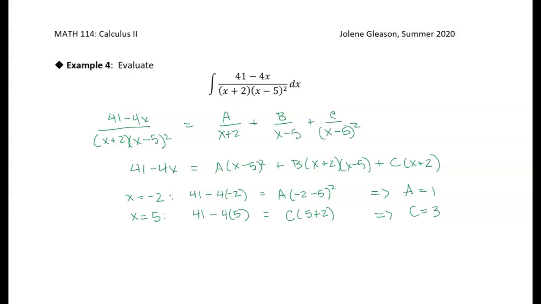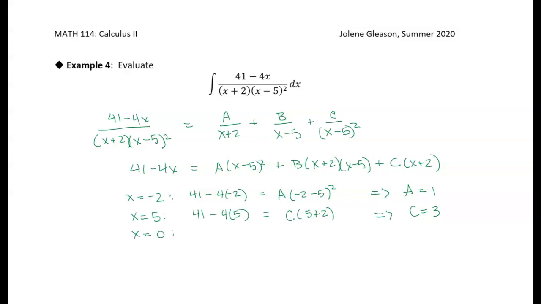Now we still need B, but there's really nothing else I can choose that will make A and C go away, but not B. Because I chose minus 2, that made B and C go away. I chose positive 5, that made A and B go away. But I can still choose a convenient value, and an easy one would be 0.